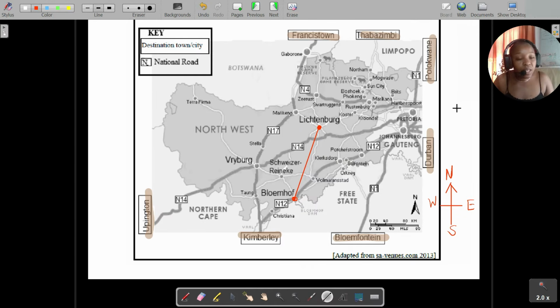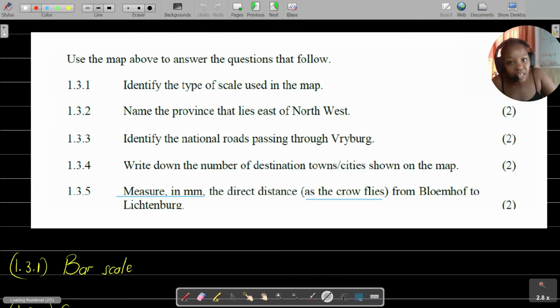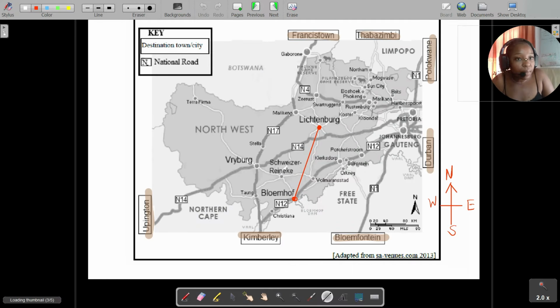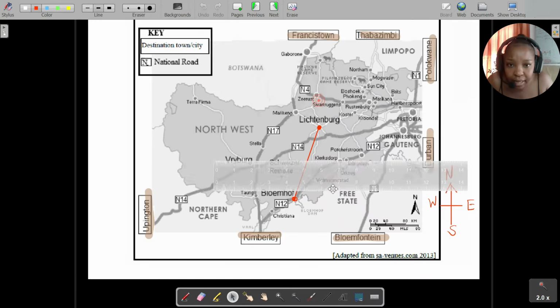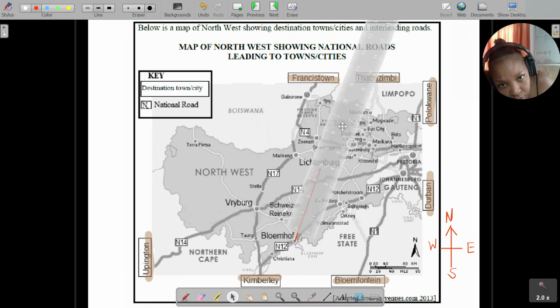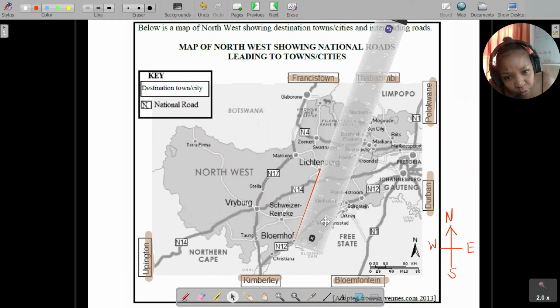Okay. Then all that you need to do, even in your exam, when you get questions like this, is literally take a ruler and measure in the units that they tell you to measure in. So we're going to measure in millimeters. All right. So I'm going to take my ruler. Please remember what I said about my ruler, okay? So I've got my ruler out and I'm going to measure the distance there. If you measure with your ruler, do you see that it's 0, it's 1?